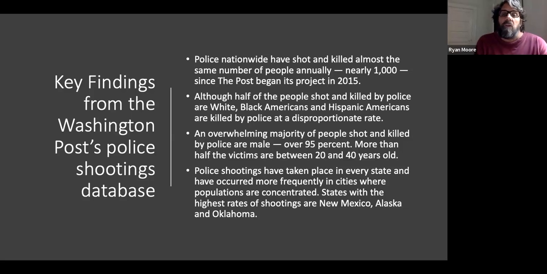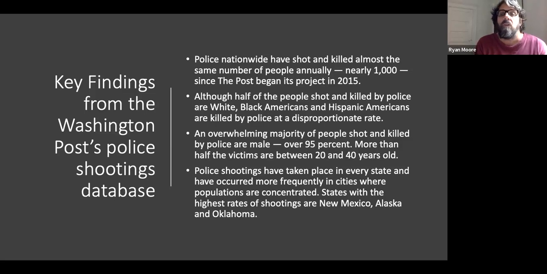An overwhelming majority of the people shot and killed by the police are male, over 95%, and more than half of the victims are between 20 and 40 years old. So overwhelmingly, we're talking about young men who are in the crosshairs of police violence.